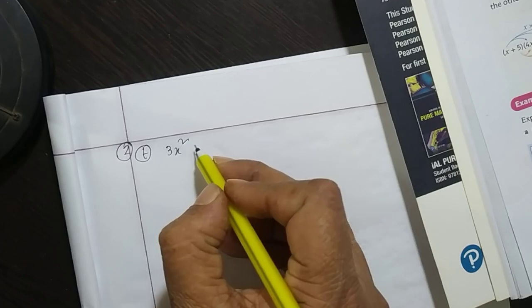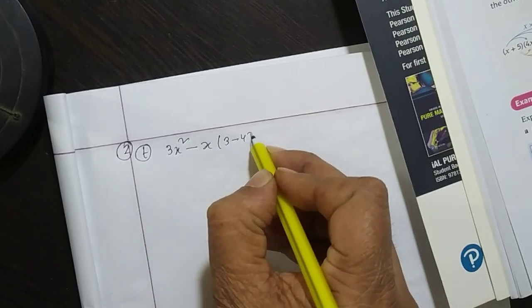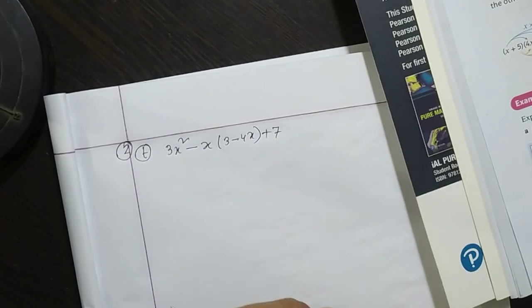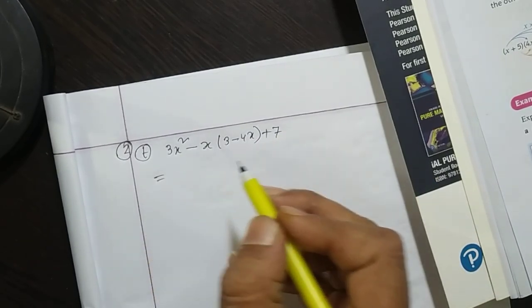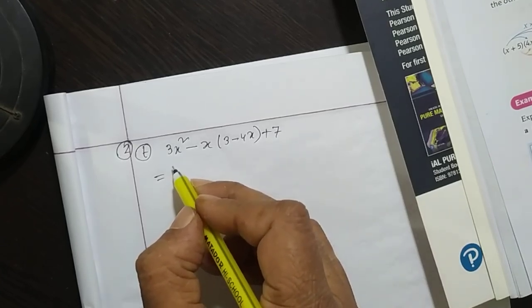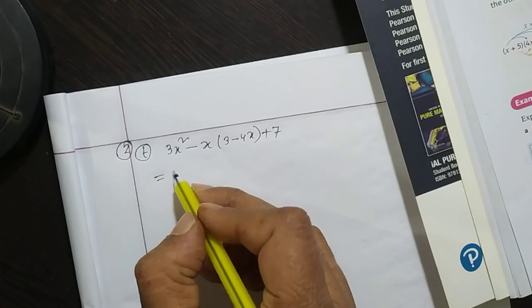That is 3x square minus x times 3 minus 4x plus 7. Here expansion means you have to expand as much as possible. First of all, you have to omit the brackets.